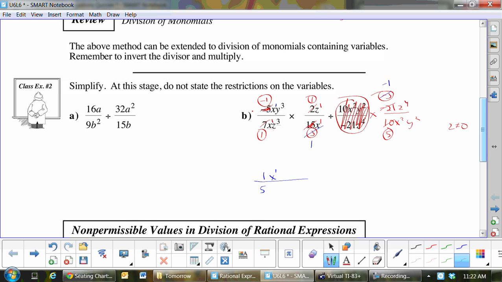Y's I have 3, and z's I have 5. Now on the bottom, x's I have, good, 4. Y's I have 2, and z's 3.